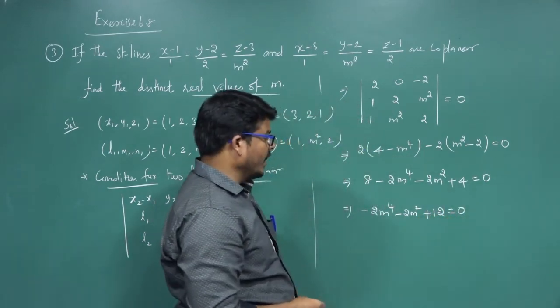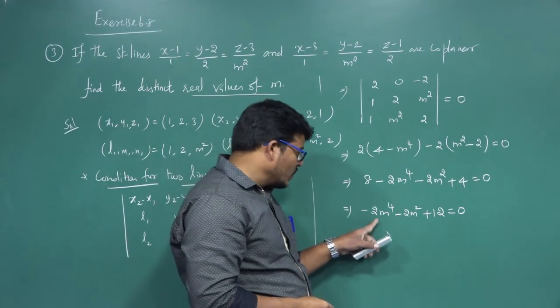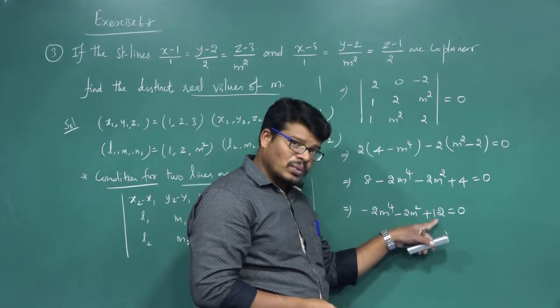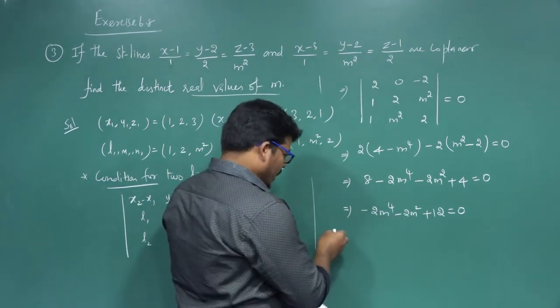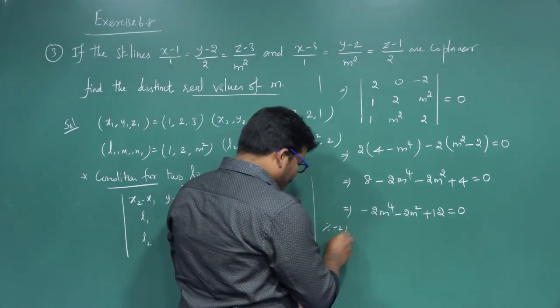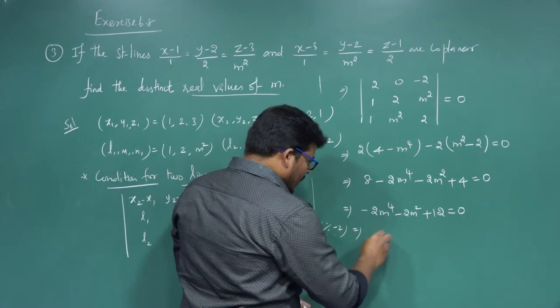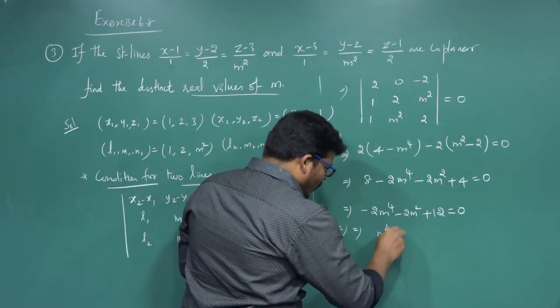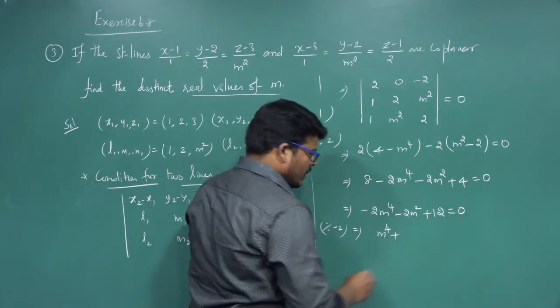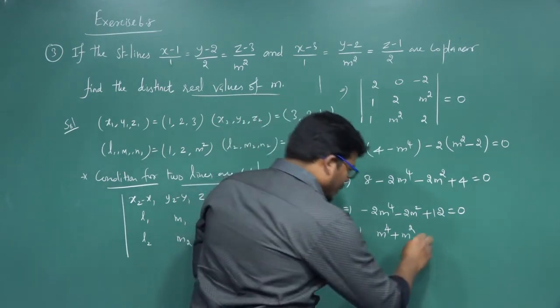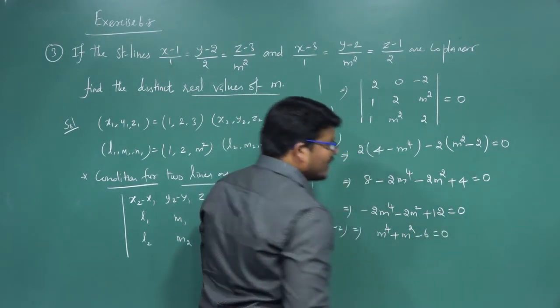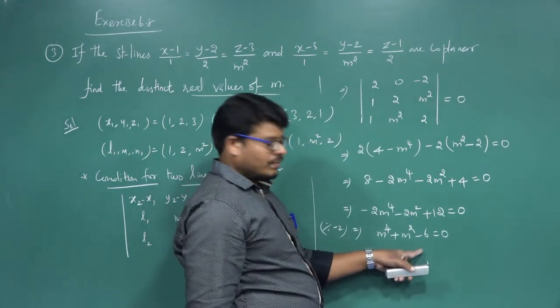That is, minus 2 m power 4 minus 2 m square plus 12 equal to 0. Now divide the equation by minus 2. That implies m power 4 plus m square minus 6 equal to 0.